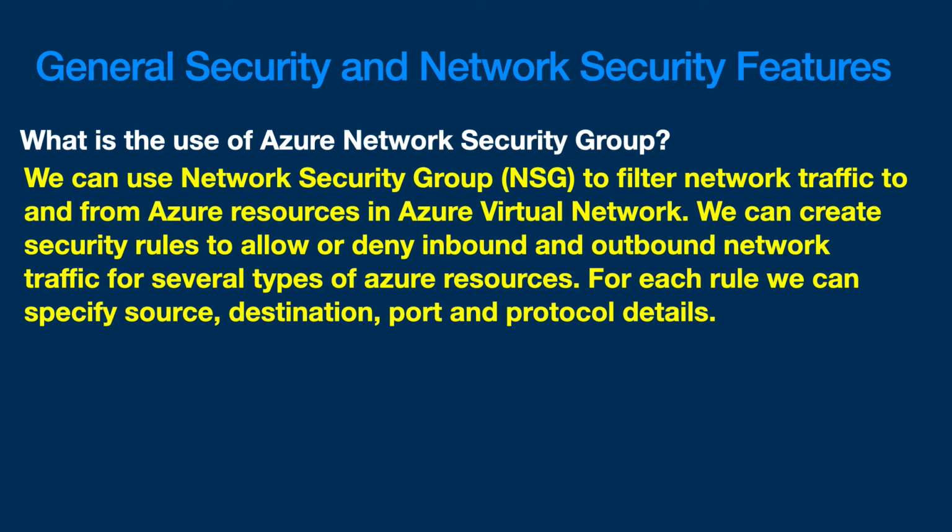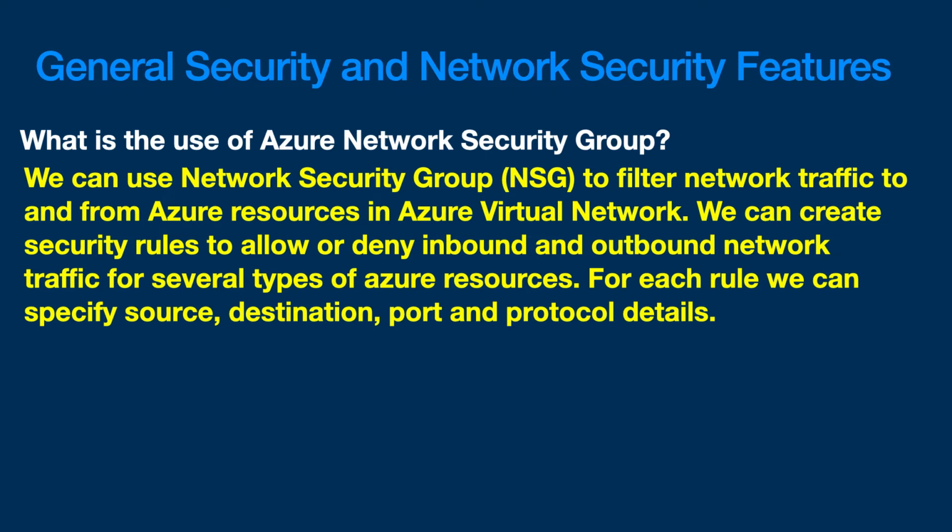The next question is, what is the use of Azure Network Security Group? Please remember that you will be getting many questions on Azure Network Security Group in the exam. We can use a Network Security Group (NSG) to filter network traffic to and from Azure resources in an Azure Virtual Network.